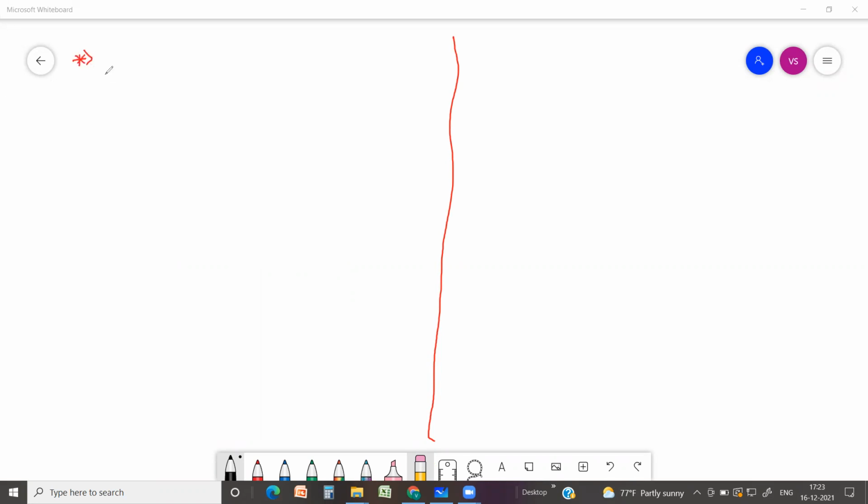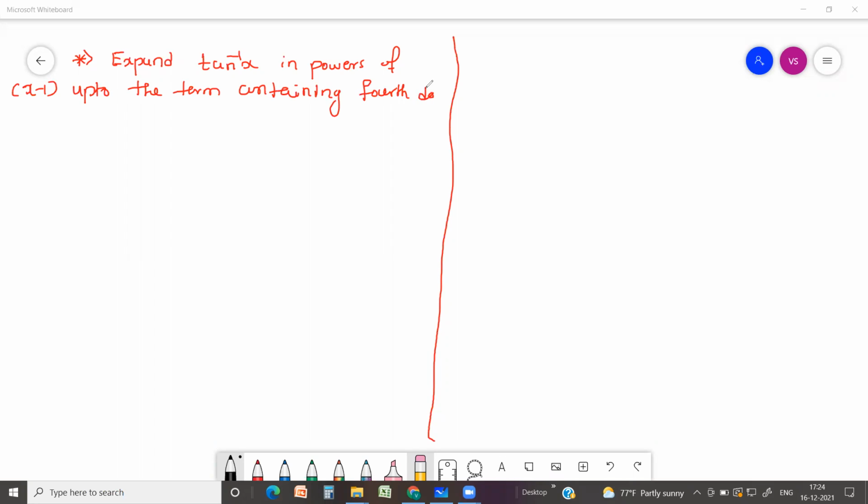A very important and most frequently asked question in most of the question papers: expand tan inverse of x in powers of x minus 1 up to the term containing fourth degree. So it is a very simple question.